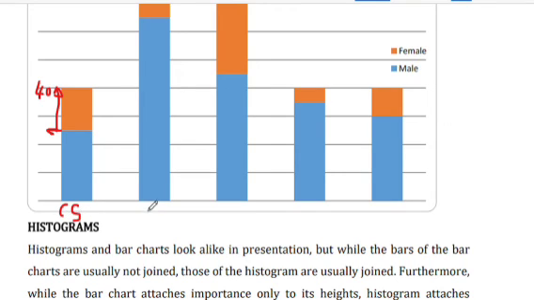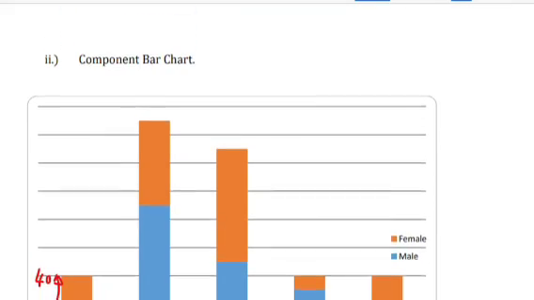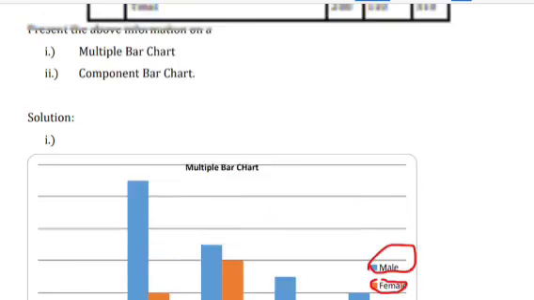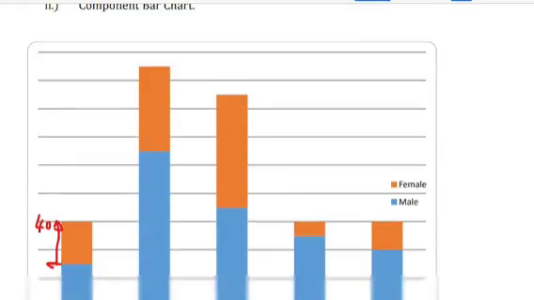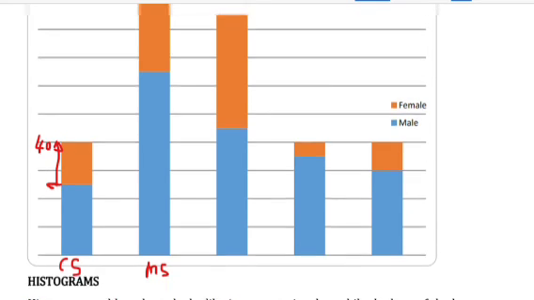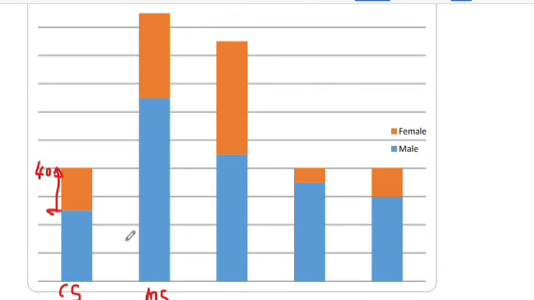I'll try it for mechanical science, then you do the remaining one yourself. So this is mathematical science. We have male 65 and female 30. Everything is 95. So when we plot this, this is 10, 20, 30, 40, 50, 60.